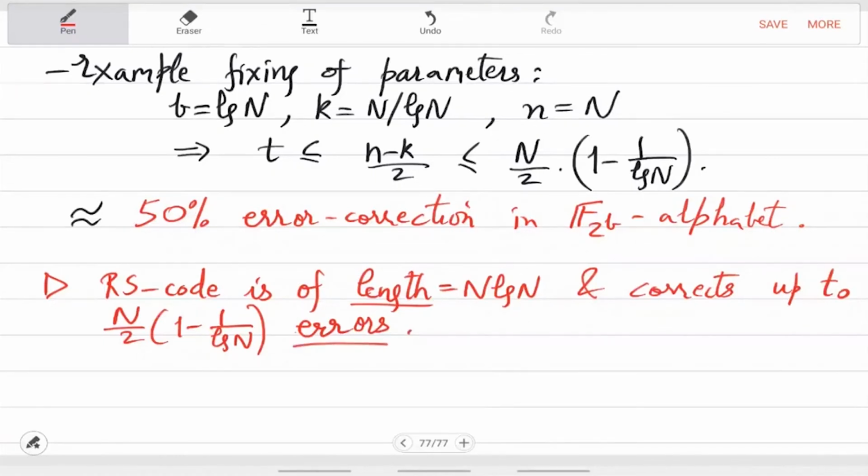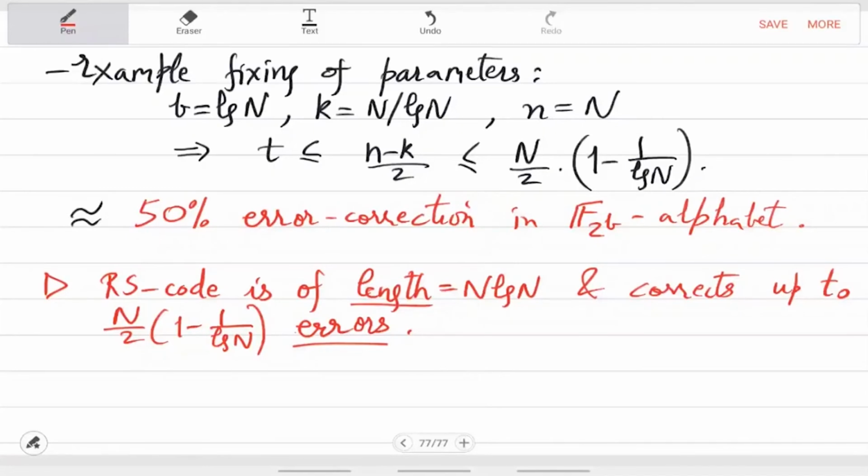Okay, this is the final result where we can stop. So in the finite field alphabet, if Alice wanted to send a message of big N many field elements, then she only has to stretch it by a log factor instead of n square.